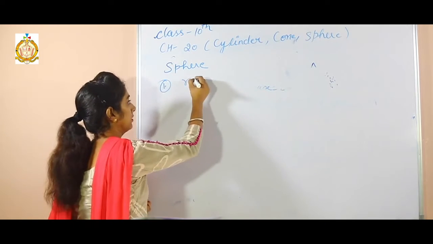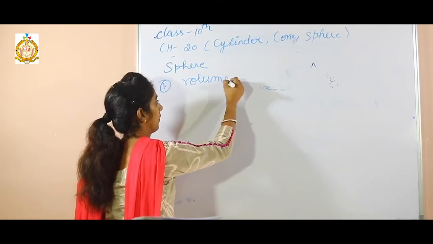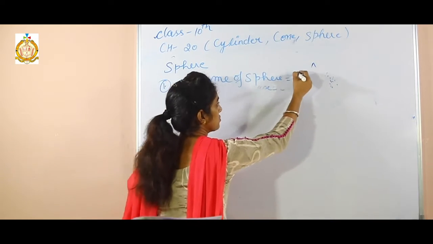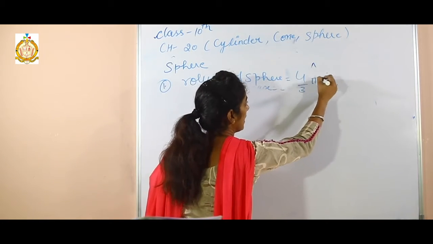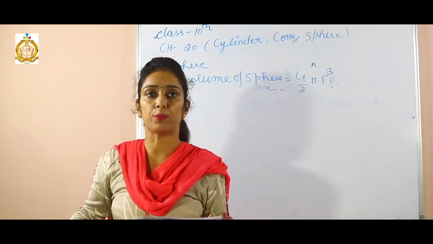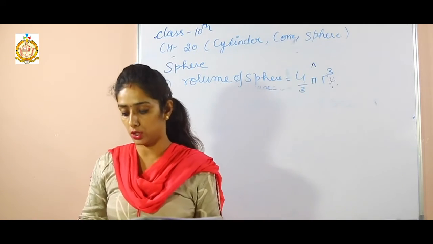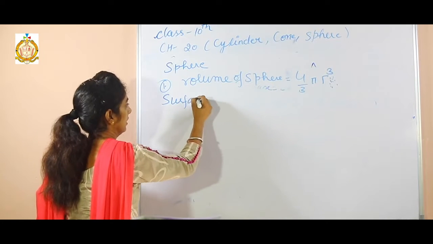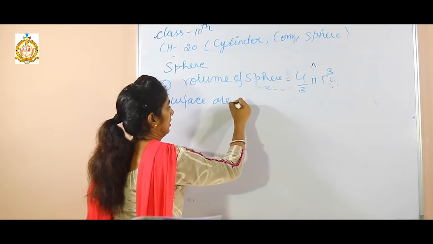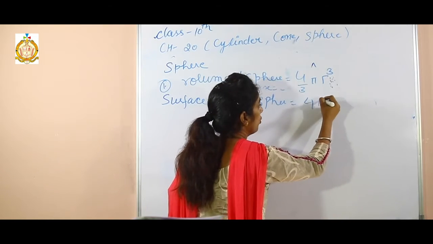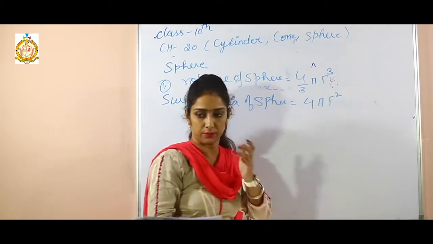volume of sphere, which is 4/3 pi r cube. Volume of sphere is 4/3 pi r cube, and surface area of sphere is 4 pi r square.